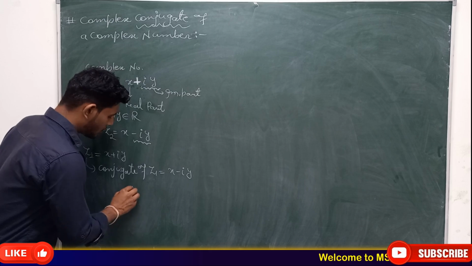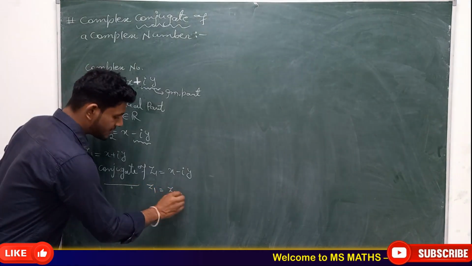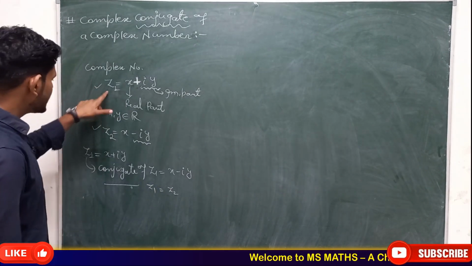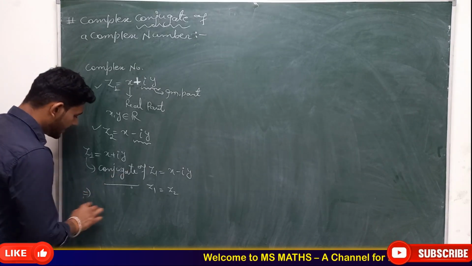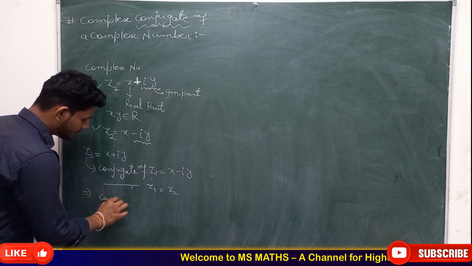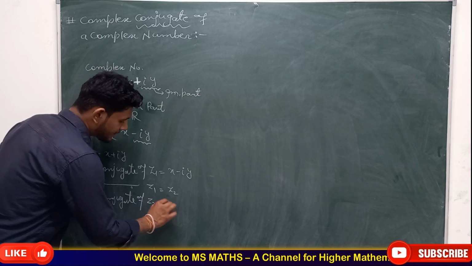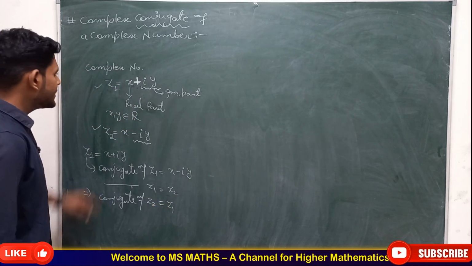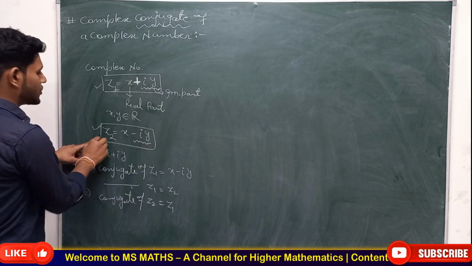It means the conjugate of z1 is nothing but z2. Okay, so this is the relation. Similarly, I can also write the conjugate of z2 is nothing but z1. It means these both numbers are the conjugate of each other.